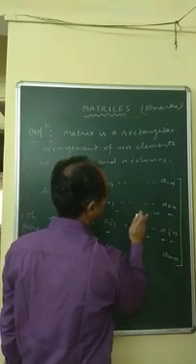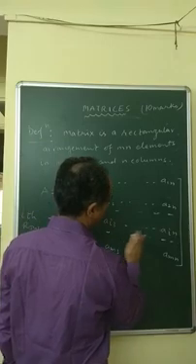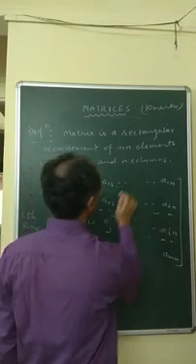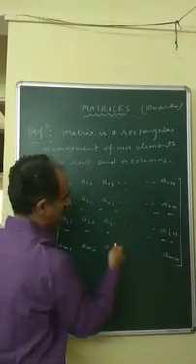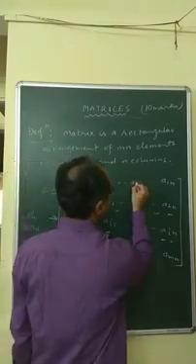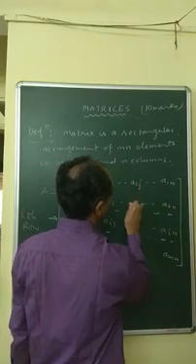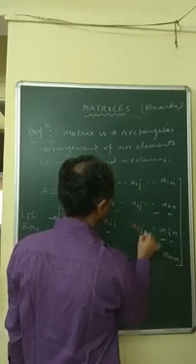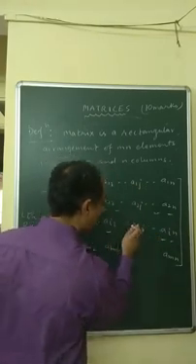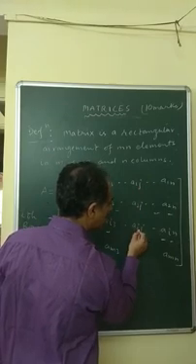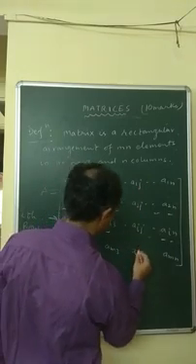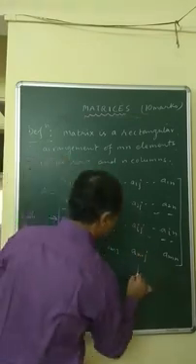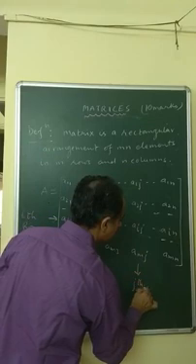The jth column can be written as a1j, a2j, a3j, aij, which is in the ith row and jth column, and amj. So this is the jth column.